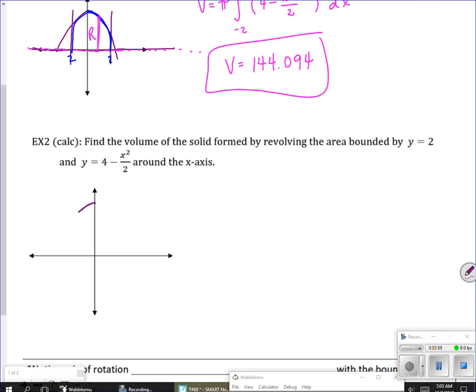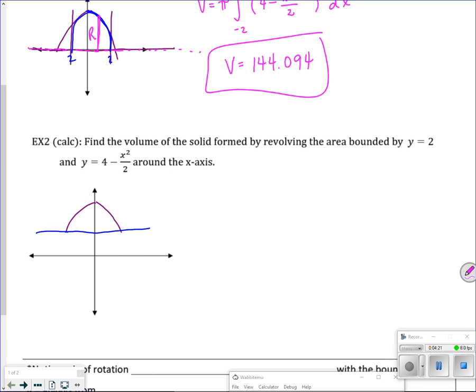It looks like this. Now it says the area bounded by y equals 2. So again, I'm going to just cut that off because I like to just draw my bounded region. It's less confusing for me. Y equals 2 is here. And so here is my bounded region in there. And it says find the volume of the solid by revolving that bounded region around the x-axis.